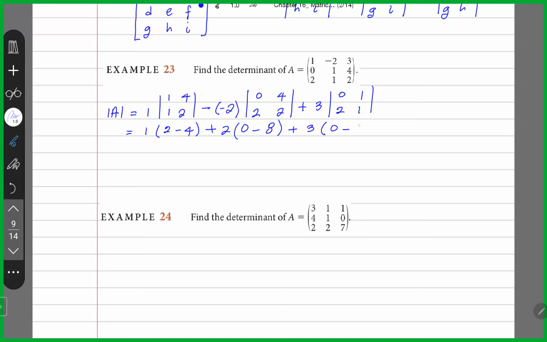Minus 1 times 2 is 2. So the answer here is 1 times minus 2 plus 2 times minus 8 plus 3 times minus 2, minus 2, minus 16, minus 6. The determinant is minus 24.